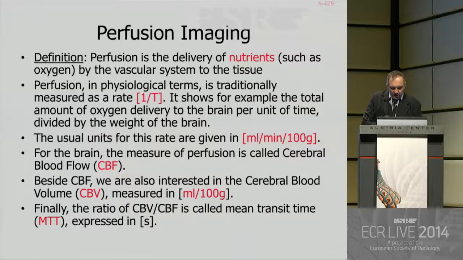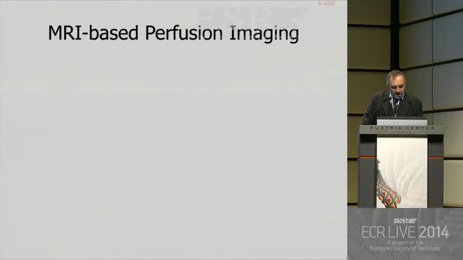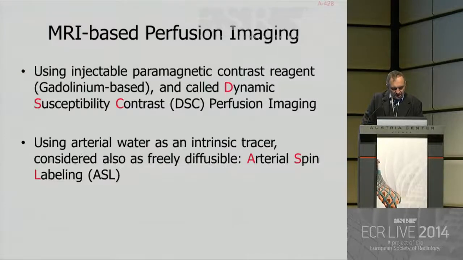So for now, we are going to talk mostly about the CBF. We can use dynamic susceptibility contrast using gadolinium, but we are not talking about that this afternoon. We are talking about this non-invasive intrinsic tracer, arterial spin labeling.